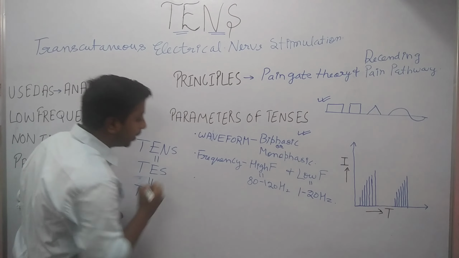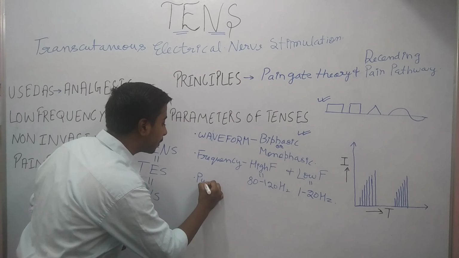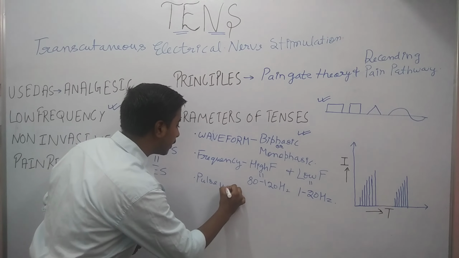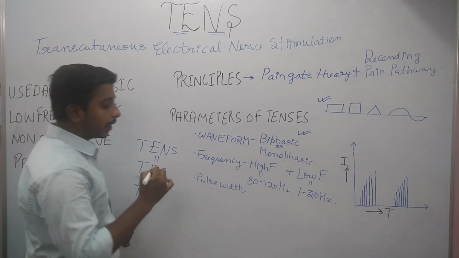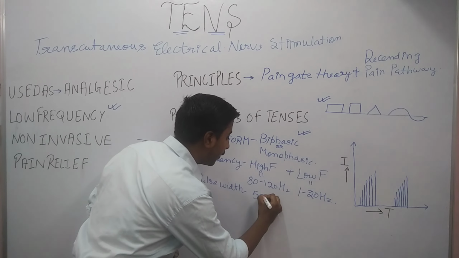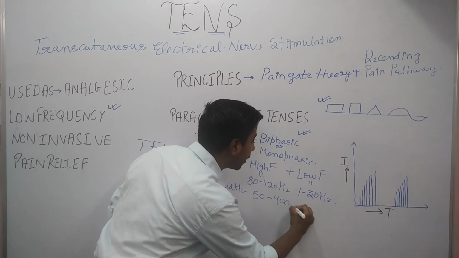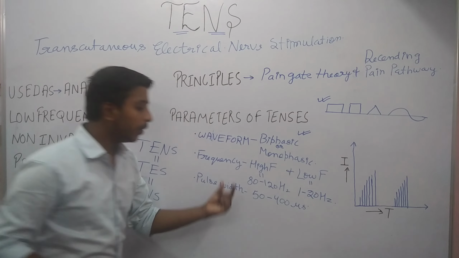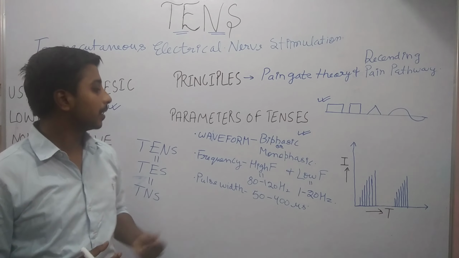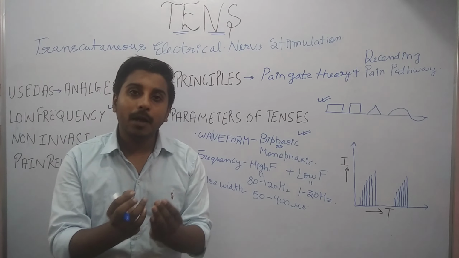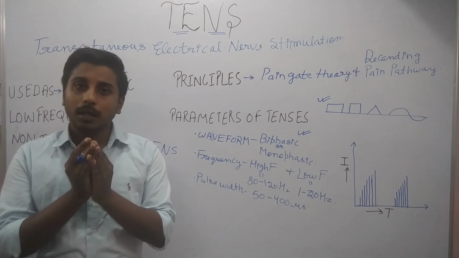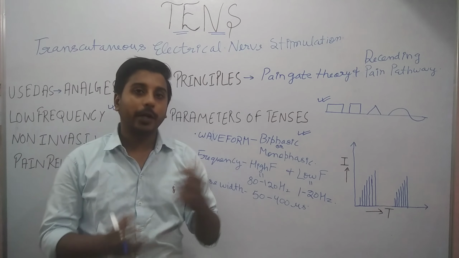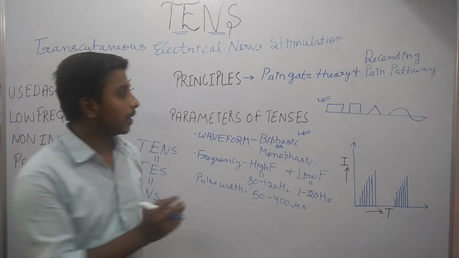Then our third parameter is pulse width. Pulse width can be 50 to 400 microseconds. First of all, you need to know what pulse width is. Pulse width is the time for which the current is applied to the body in a single pulse.